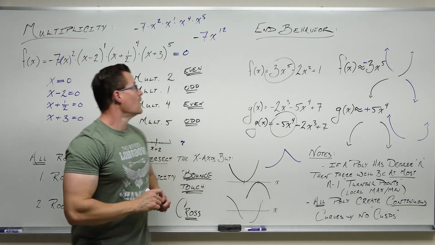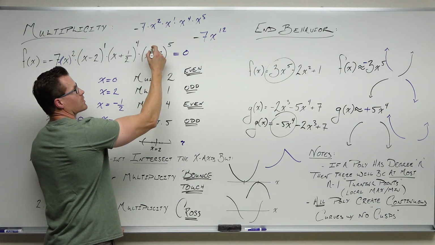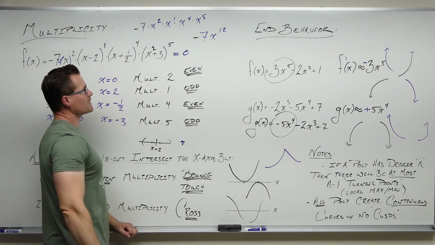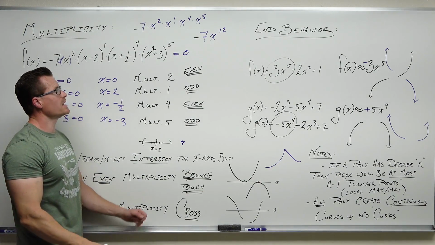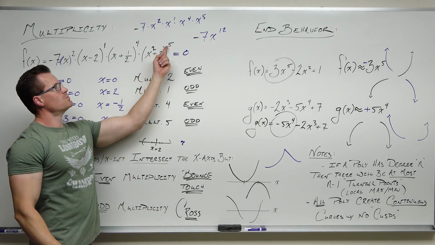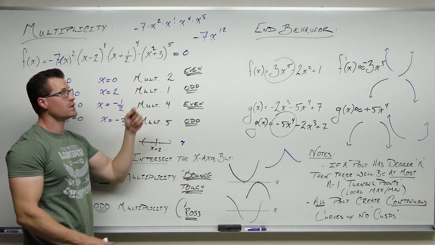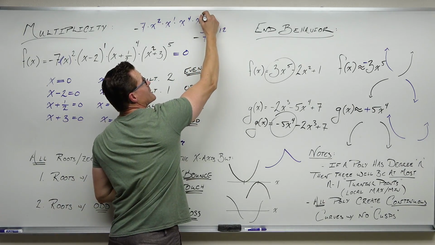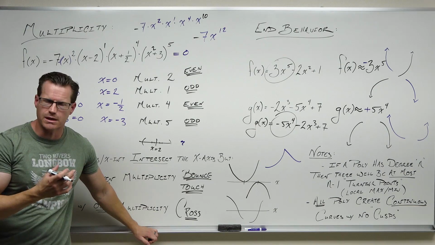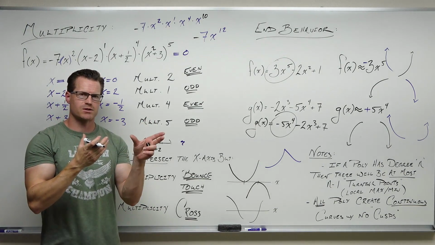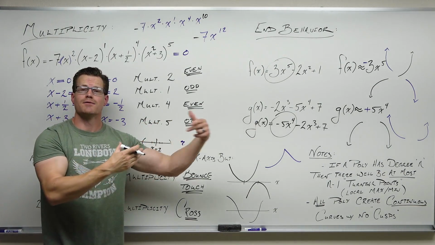Oh yeah, one more thing. If this had been an irreducible quadratic like x to the second power plus 3, don't forget that you would have to multiply these. So you'd have 2 times 5, that would give you 10 here, not 7. You would multiply that. And the reason being, you'd have x squared plus 3 times x squared plus 3 times x squared plus 3 5 times.